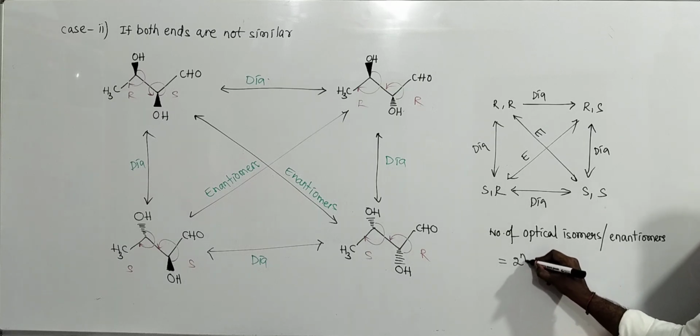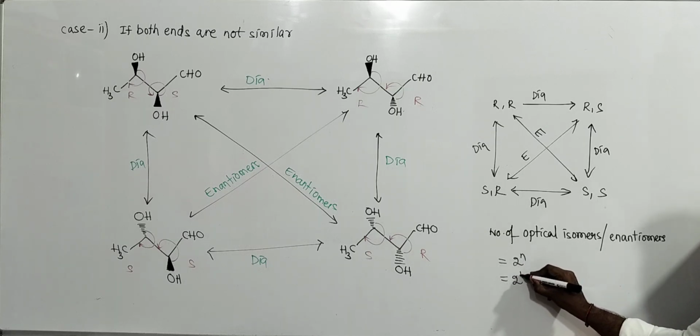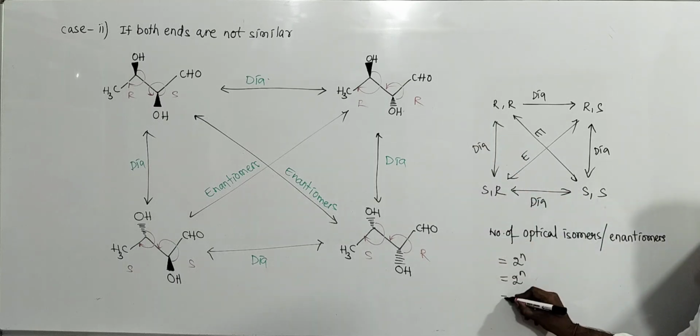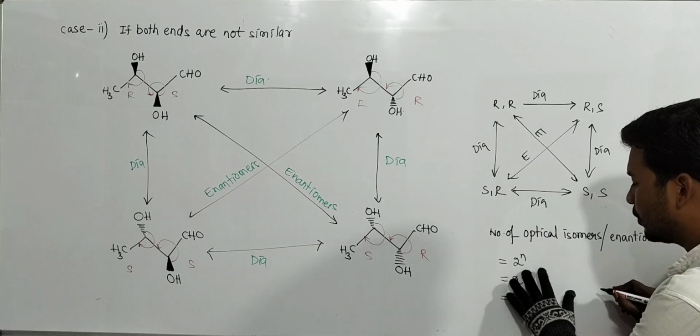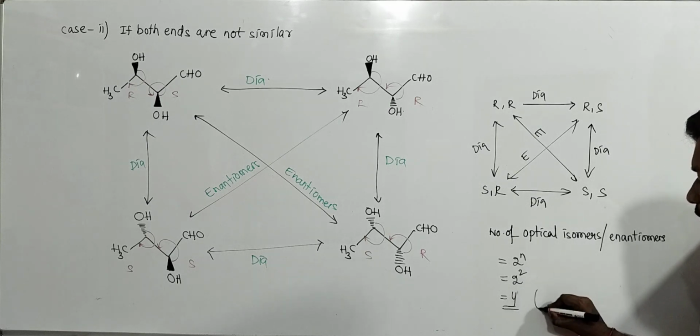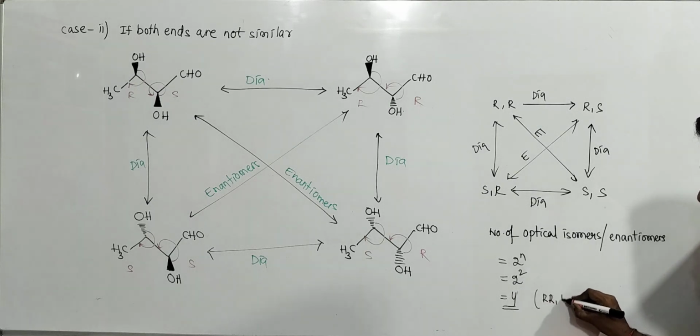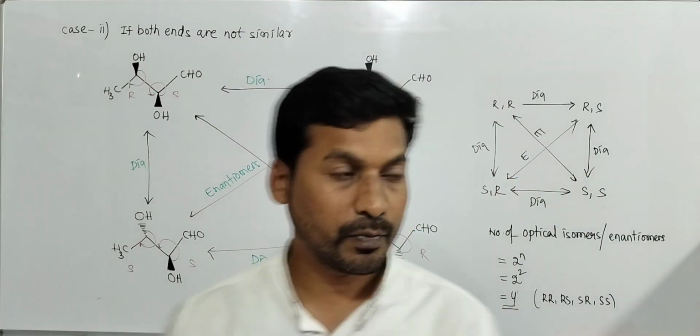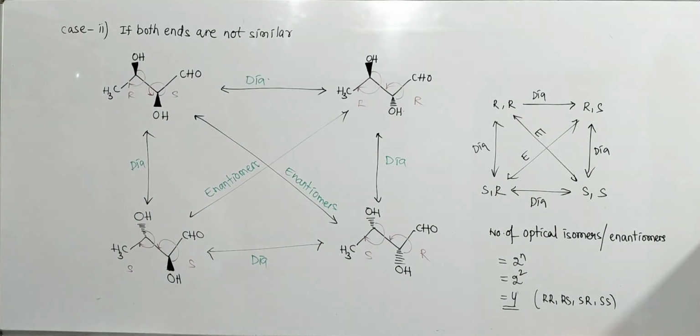Formula 2 power n, the number of chiral centers is 2, so 2 power 2 means 4. What are they? RR, RS, SR, SS, total 4 enantiomers are possible. Okay, take this one.